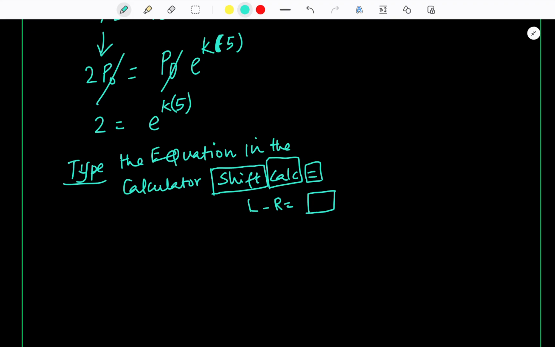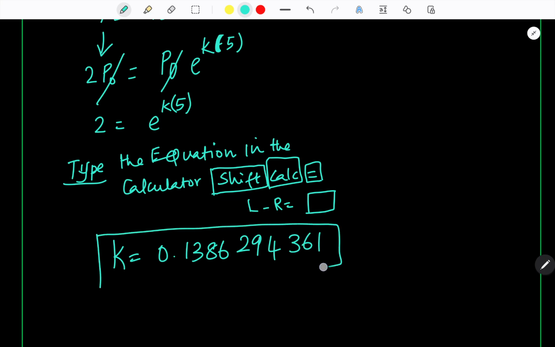So when I use shift calc, I'm getting the answer k is equal to, it's getting more time. Yes, I got it. 0.1386294361.